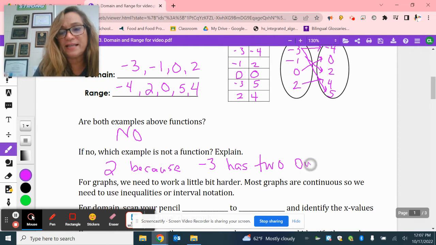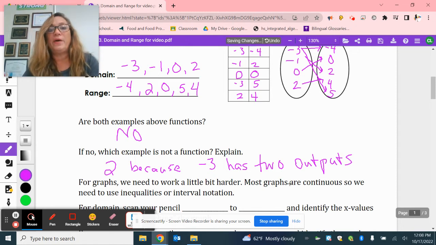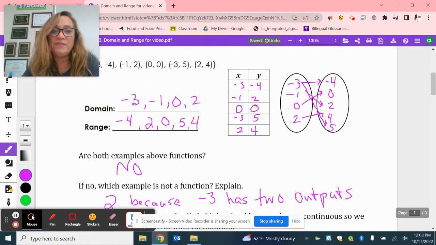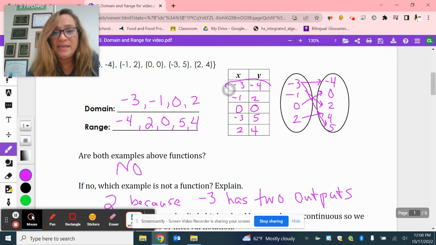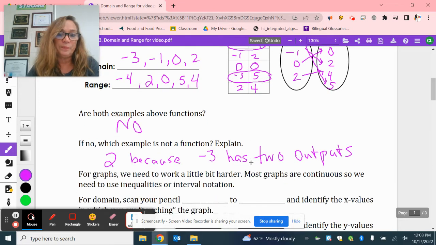You can phrase that in a few ways. You can even refer back to the mapping diagram. When you have an input of -3 and an output of -4, you're fine. But when the -3 repeats with a different answer, that causes a problem. It's still a relation, but it's not a function.